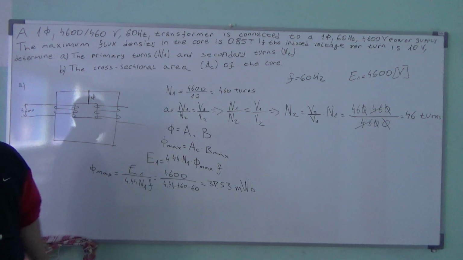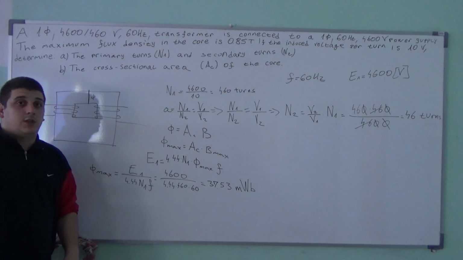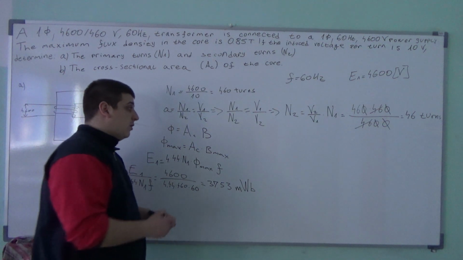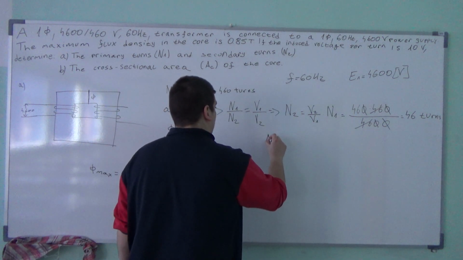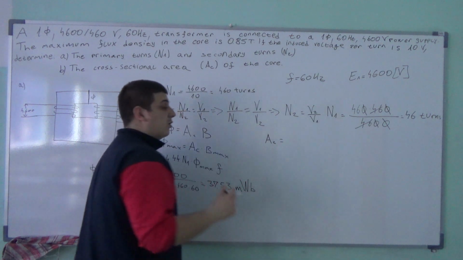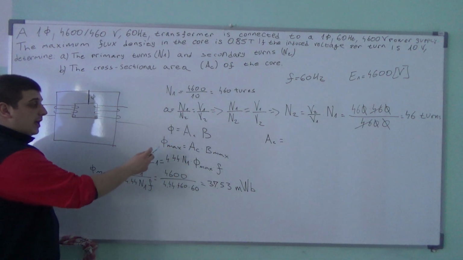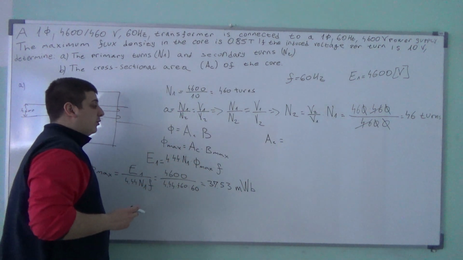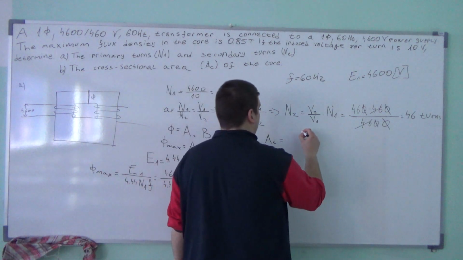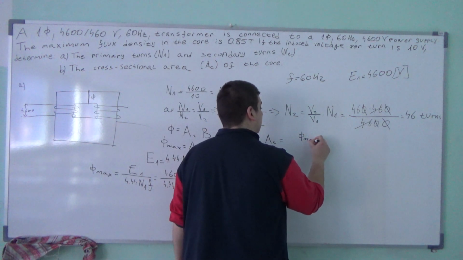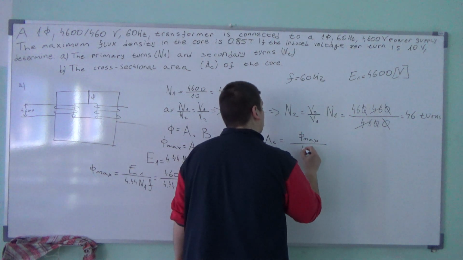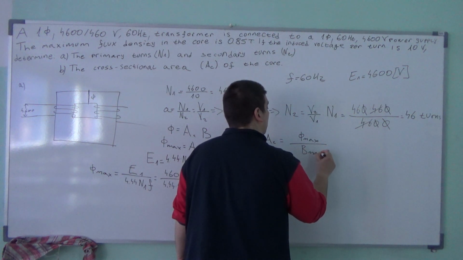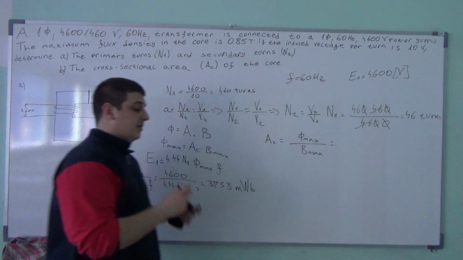This is a small value. Fluxes are generally small values. Now the AC, or the cross-sectional area, looking at this formula, is equal to the maximum flux divided by the maximum magnetic flux density.